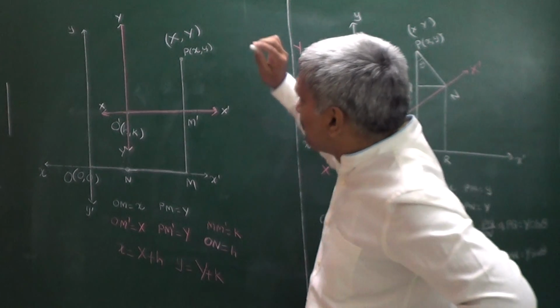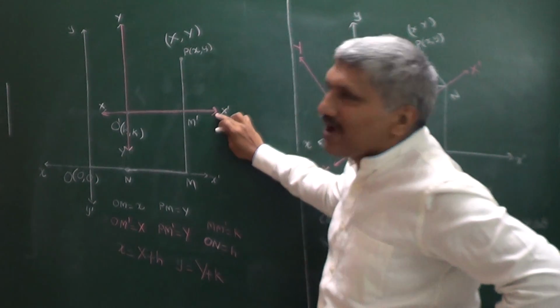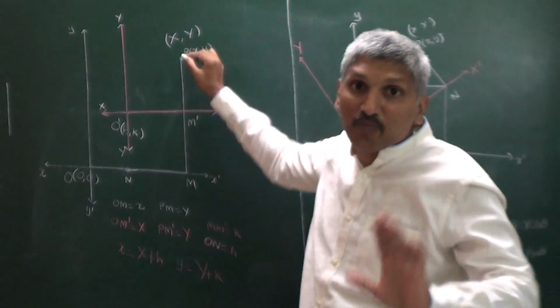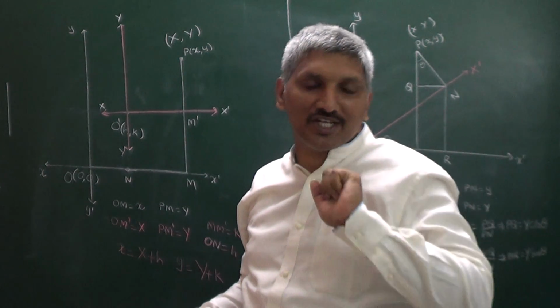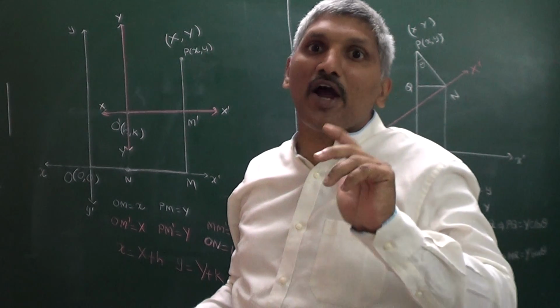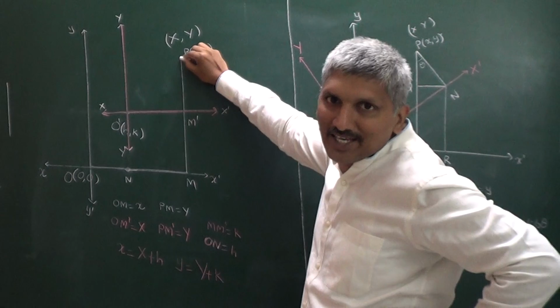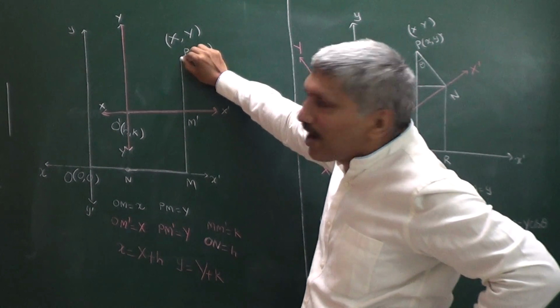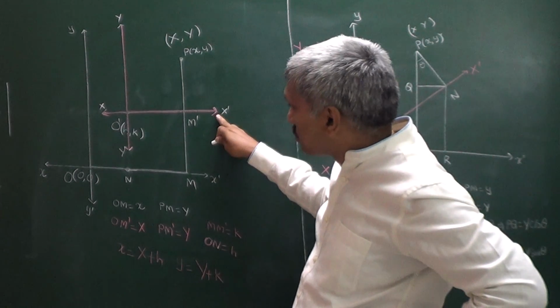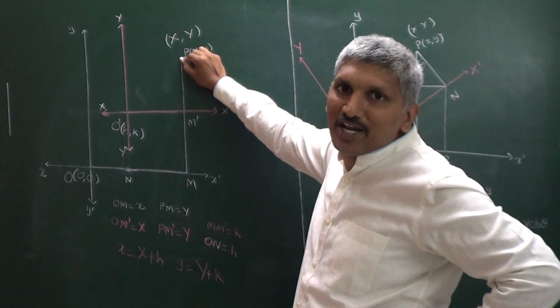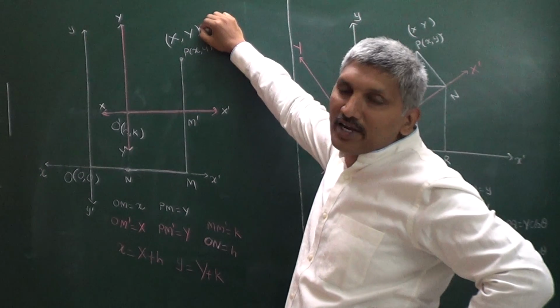Now, with respect to the new axis, the position of the point is not changing, the point is the same. With respect to this new x-axis and new y-axis, this point's coordinates are capital X comma capital Y.